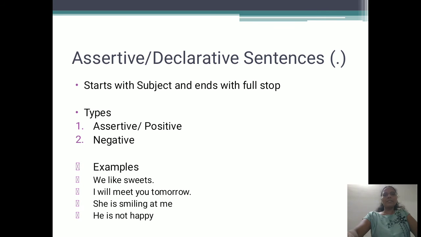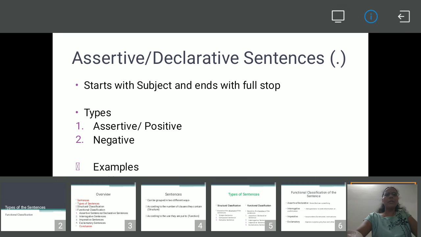In negative sentence, not is there, and in positive sentence, not is not there. Examples of assertive sentences are: we like sweets, I will meet you tomorrow, she is smiling at me. And the example of negative sentence is: he is not happy.